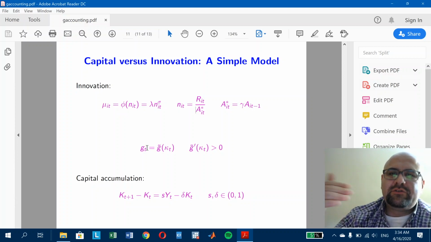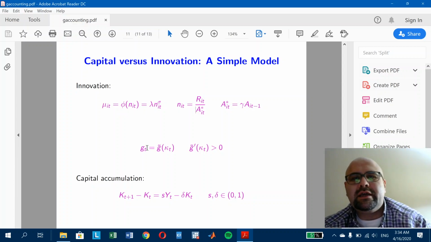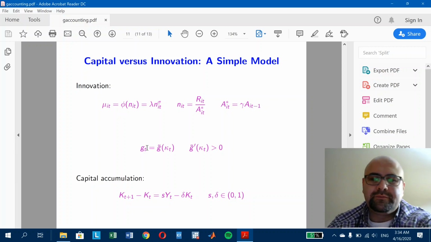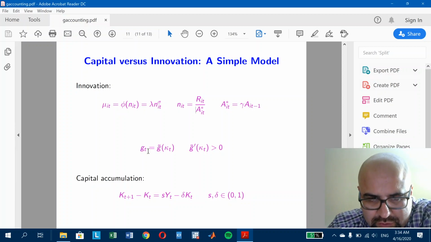That increase creates higher profit opportunities. For this reason, RIT, the total research expenditure, increases, and that creates higher productivity growth in the economy. Now, in this equation, you have two unknowns, G and kappa.